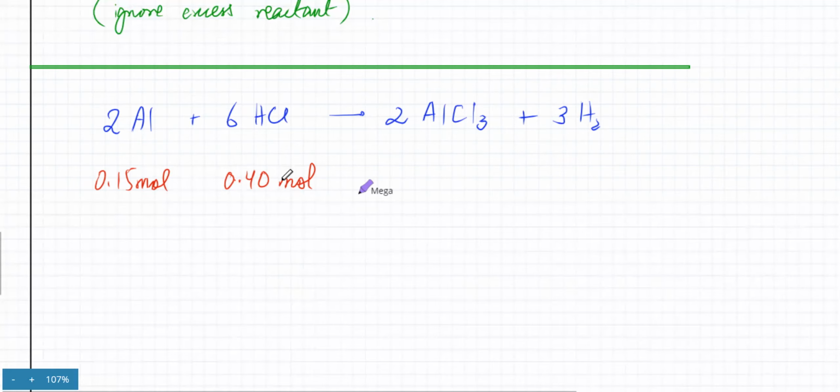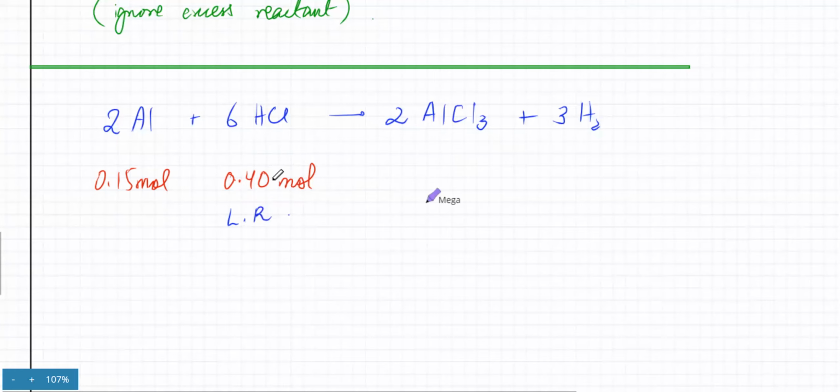How many moles of HCl should react in the reaction? Oh, okay, one second. 0.15 times 3, 0.45. Okay, I forgot about that. So this is going to completely react, because you have enough aluminium to react with 0.45, right? So the aluminium is in excess, and the reaction would be limited by HCl.